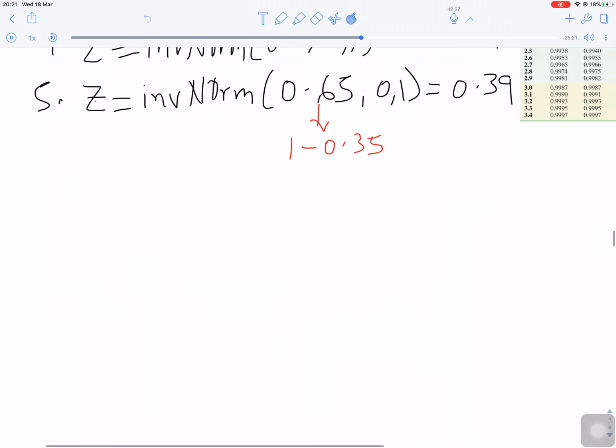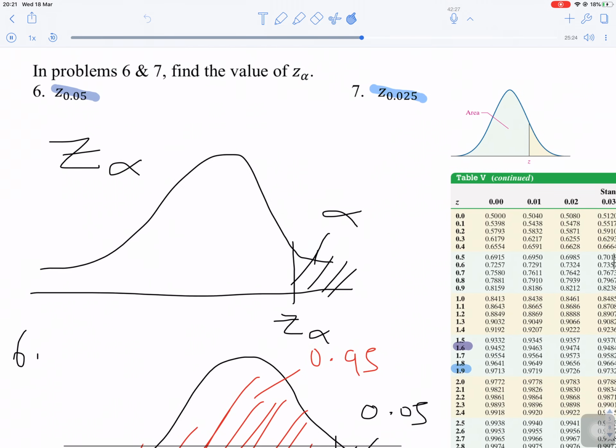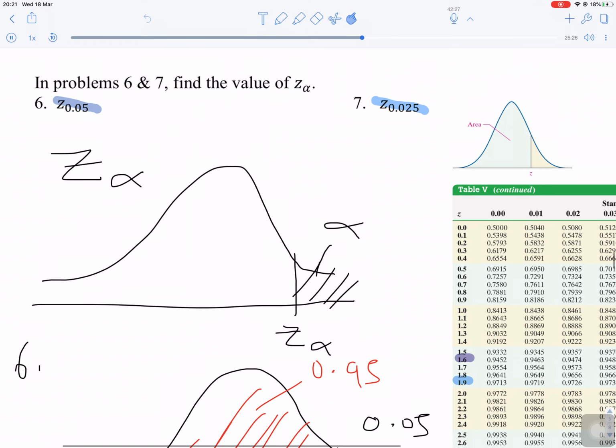Okay, so to question 6 and 7, we look at something which is similar to what we have already seen, but it's just a way that z-scores are written. So it says in problem 6 and 7, find the value of z sub alpha.